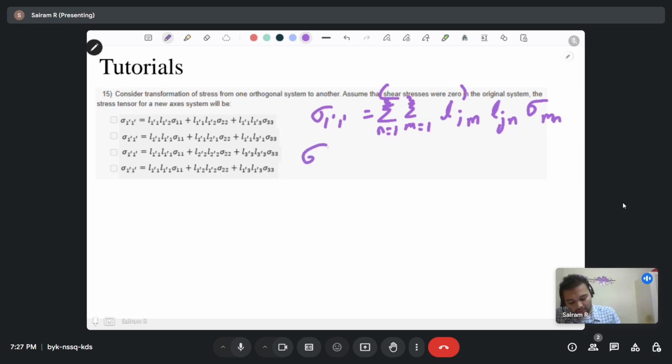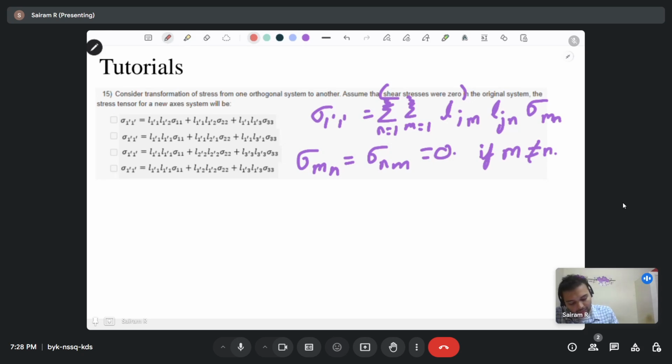Which means sigma ij equals sigma ji, or rather sigma mn. Any values of sigma mn equals sigma nm is 0, as long as m is not equal to n. If m is equal to n, that's a different story altogether. So we'll start working on this.